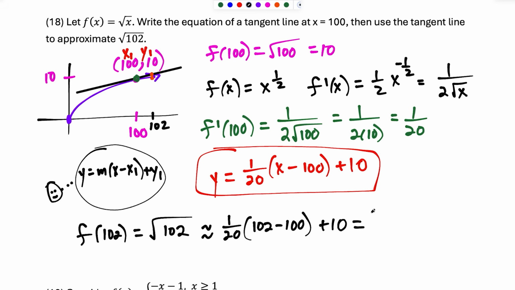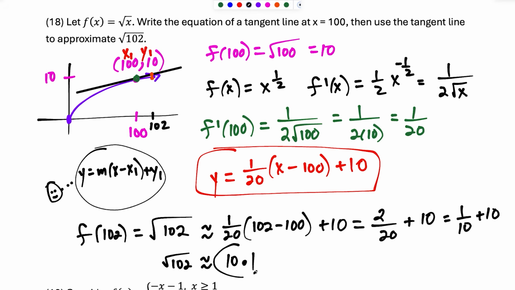So this simplifies to 2 over 20, because 102 minus 100 is 2, times 1 over 20 gives me this, and then plus 10. If I simplify this, I get 1/10 plus 10. So the square root of 102 is roughly equal to 10.1. This is going to be our approximation using the tangent line.